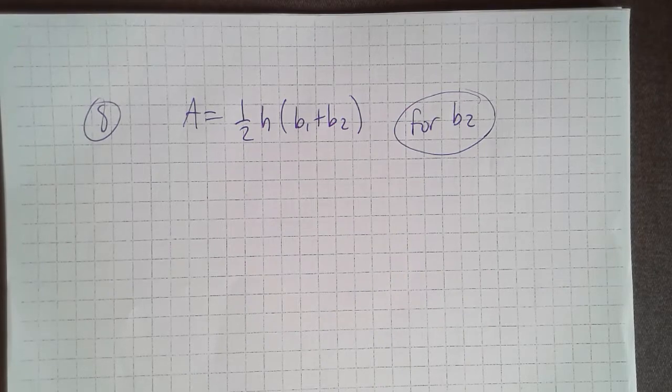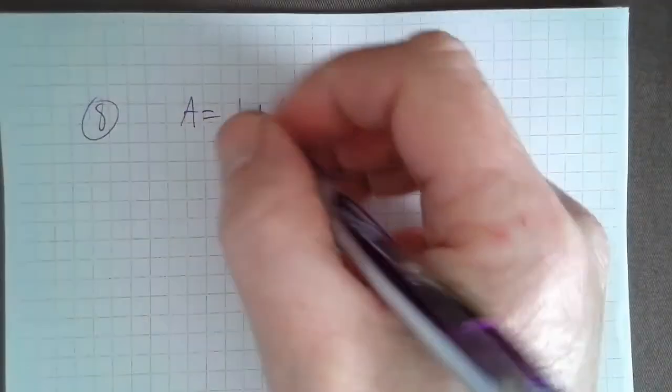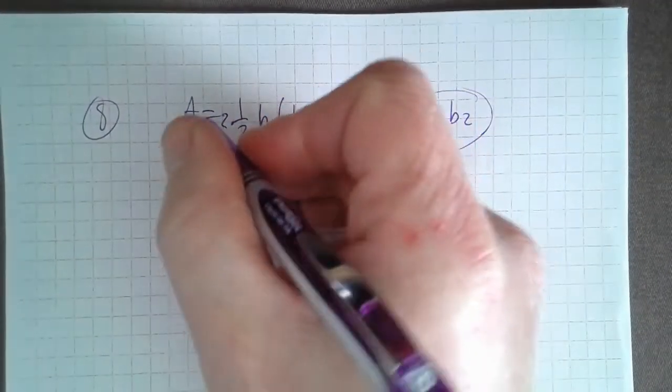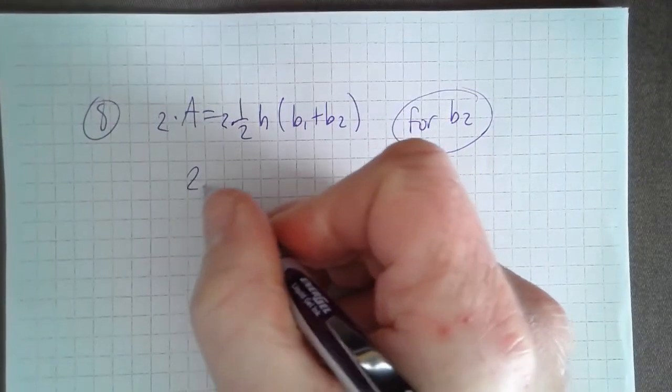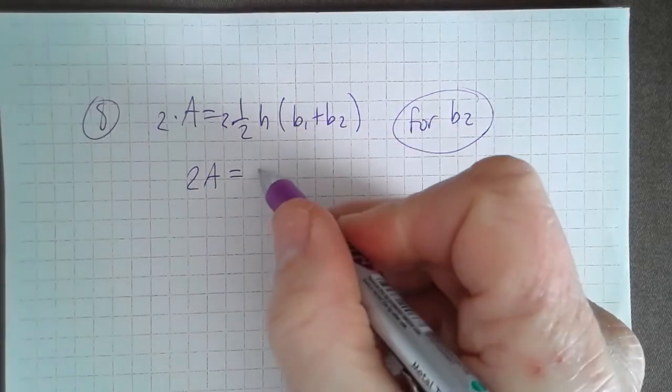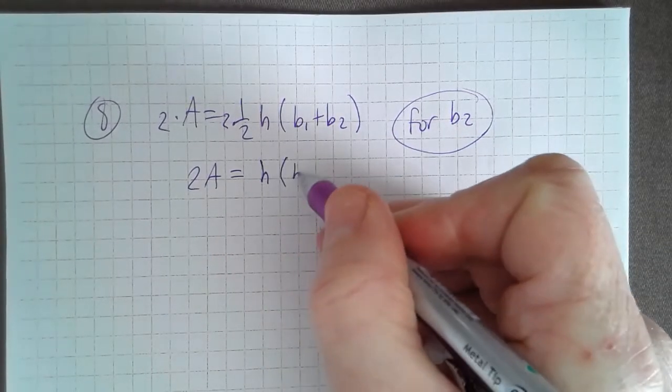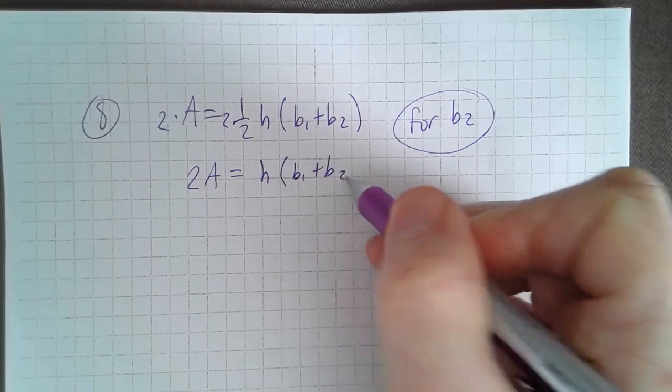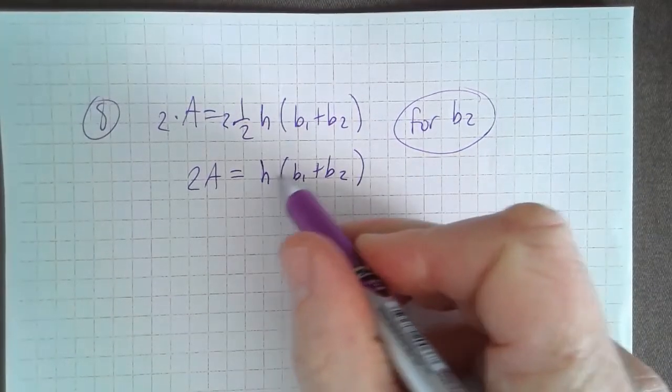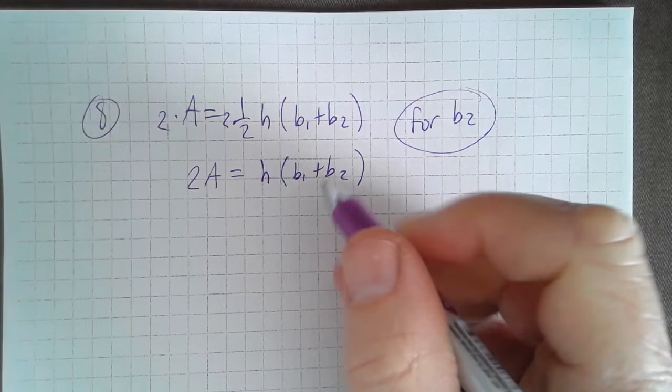All right, so we're going to multiply each side of the equation by 2. So 2a is equal to h times the quantity b1 plus b2. Now I could distribute the h through the parentheses, but I choose not to.